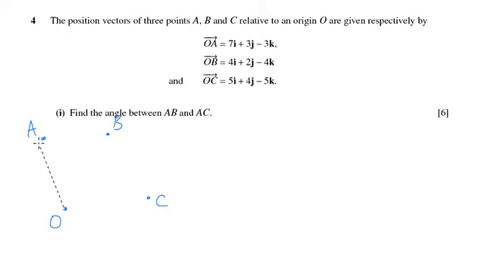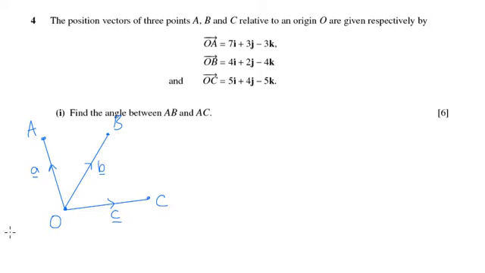So we've got O to A, O to B, and O to C. That's what they've told us. And I'm going to call those 3 things vector little a, little b, and little c.